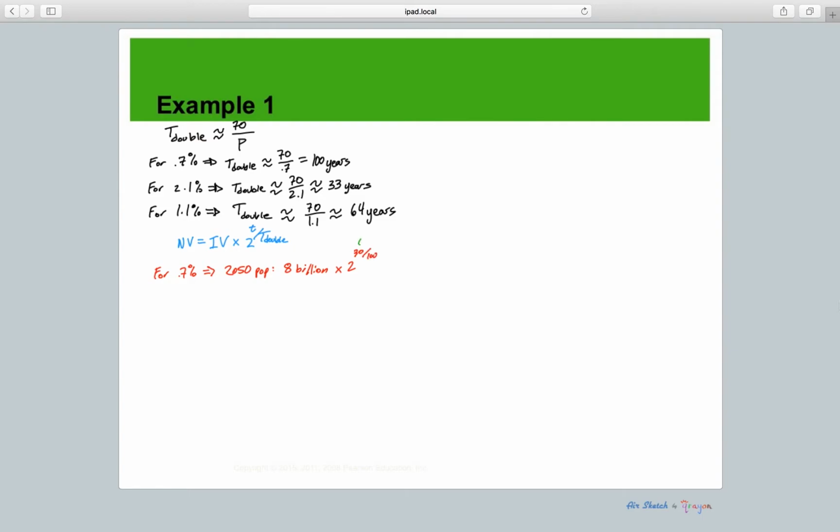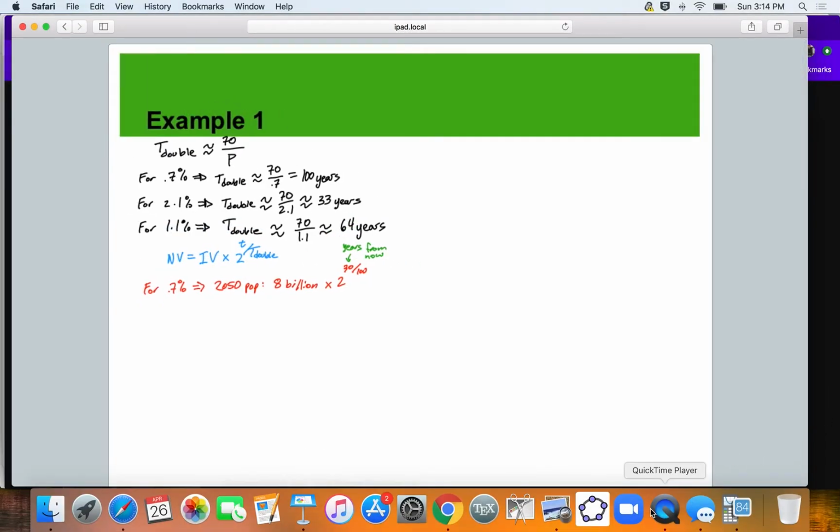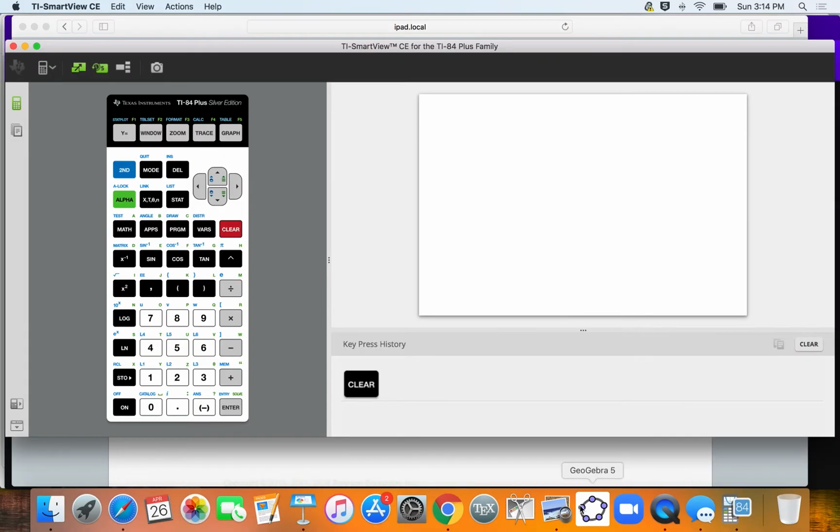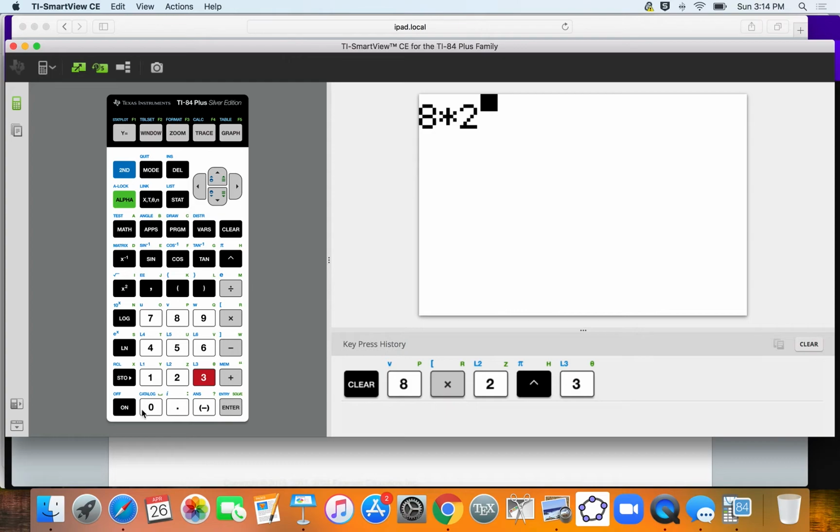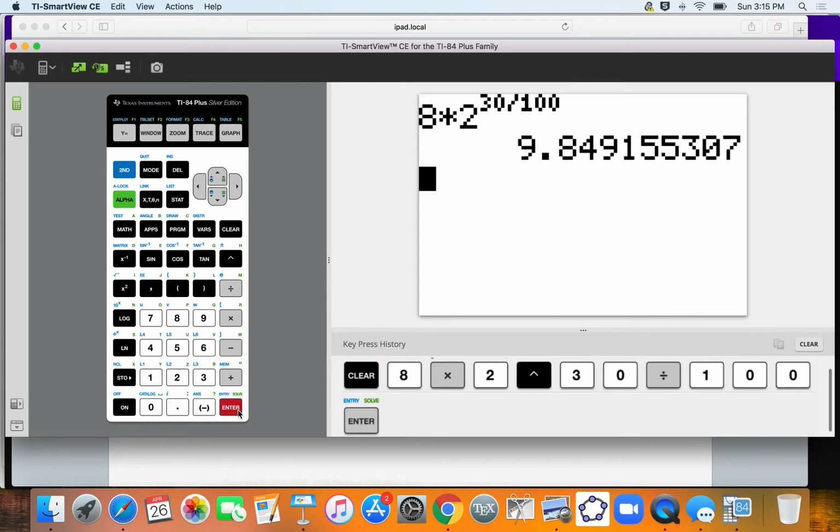So the 30 represents how many years from now till 2050, and the 100 is our doubling time. So let's go ahead and pop this in the calculator. We're going to have 8, just remember we're in billions, times 2 to the power of 30 over 100. So that comes out to about 9.8 billion.